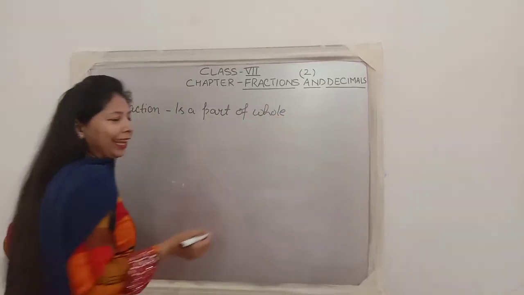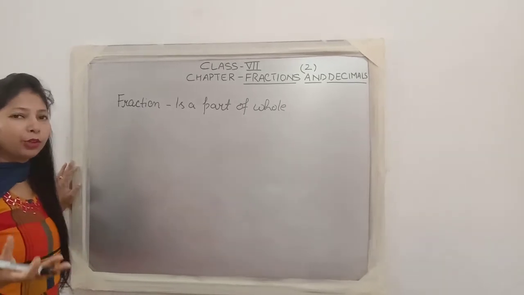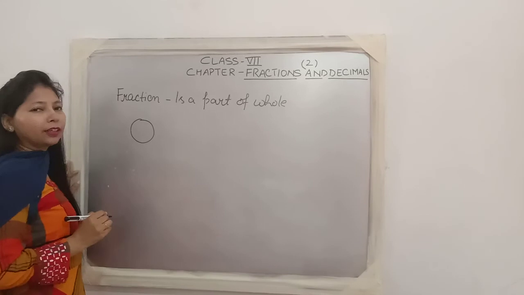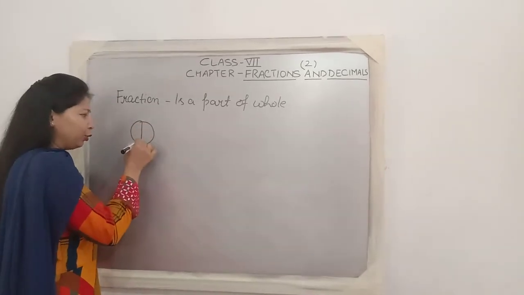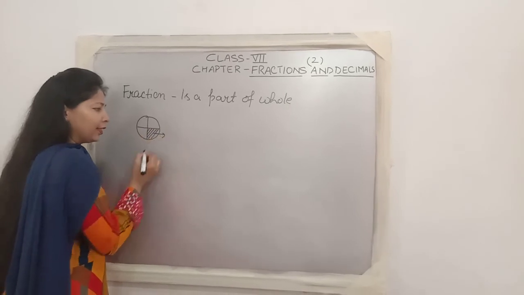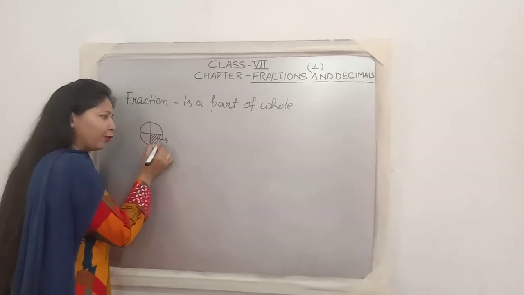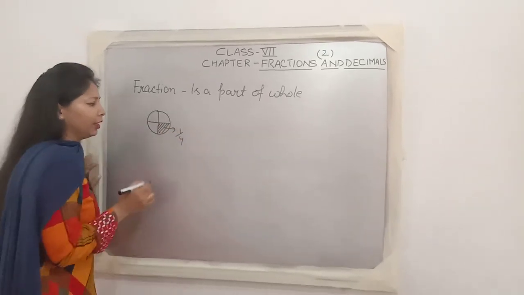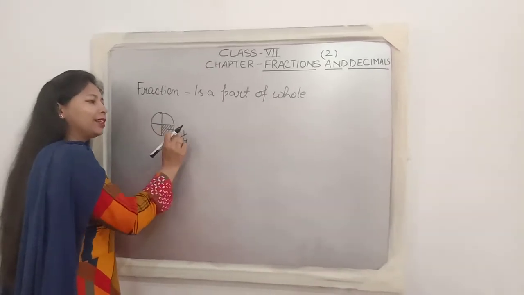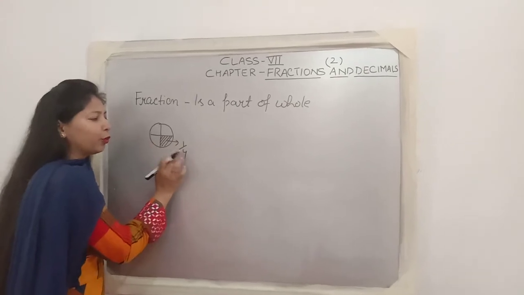अब this whole can be a single thing or group of things. For example, this is a circle and I divide the circle into 4 equal parts. Then this is the 1/4 of this circle. 1, 2, 3, 4. This complete circle stands for 1 and this is the 4th part.